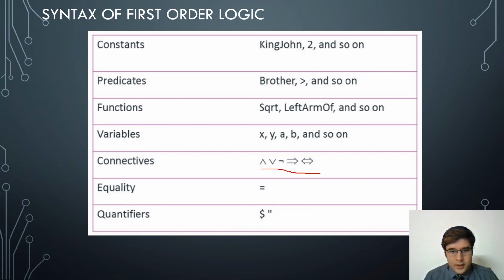Next, we have the equality operator that determines the equality of two statements, and next we have quantifiers, which I will deal with soon. The existential and for all quantifiers are basically implied here.